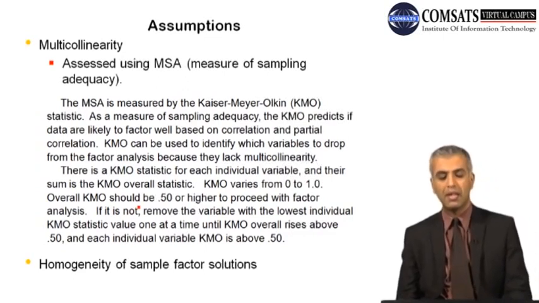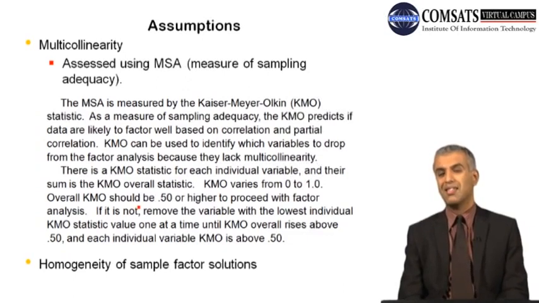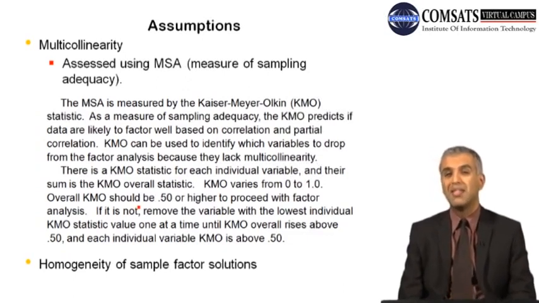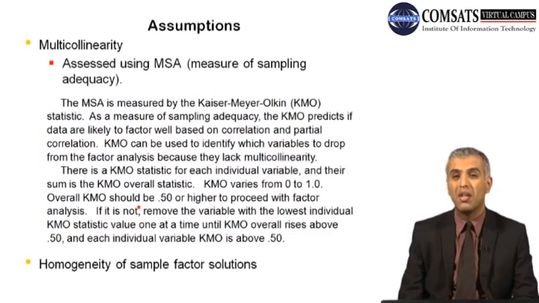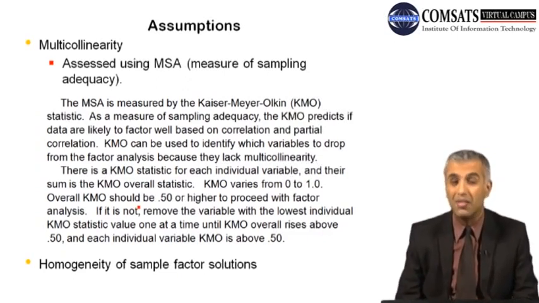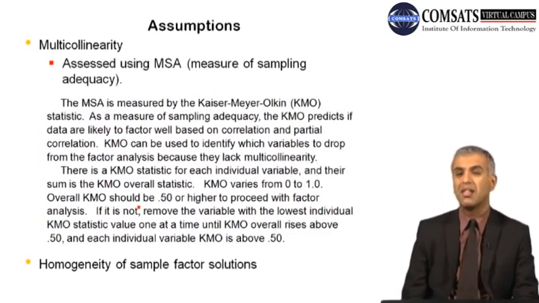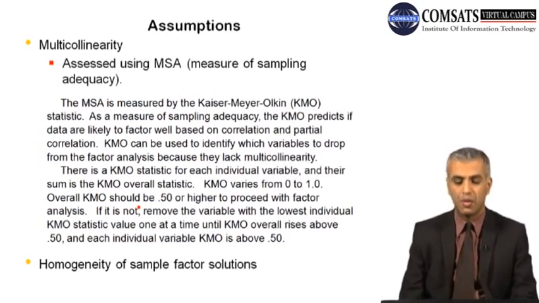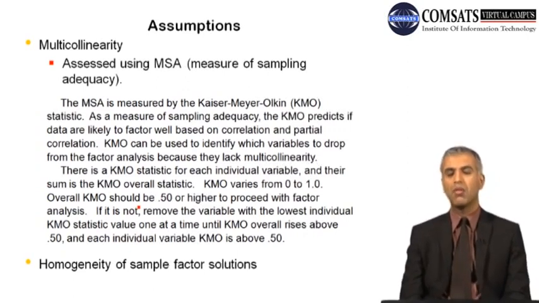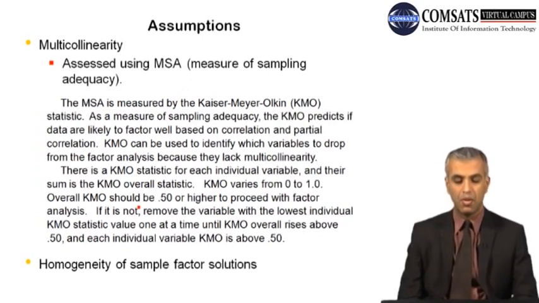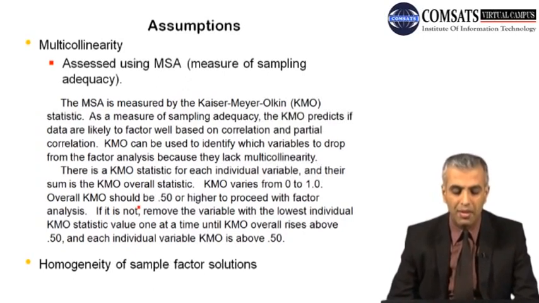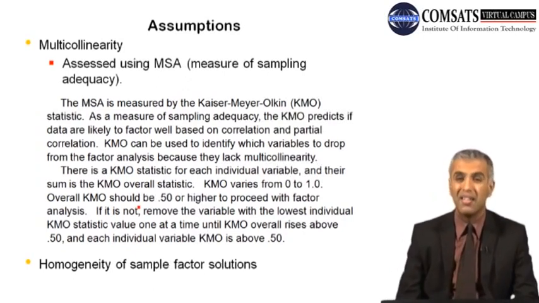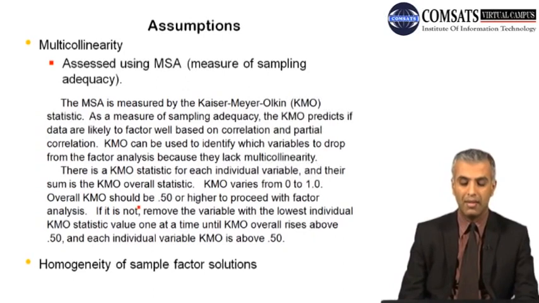If the KMO value is near 0, it means that partial correlations exist more among these variables. But if the value is going towards 1, then the squared correlations exist more among these variables, which is preferred. So the KMO statistic should be 0.5 or higher in order to proceed with factor analysis.